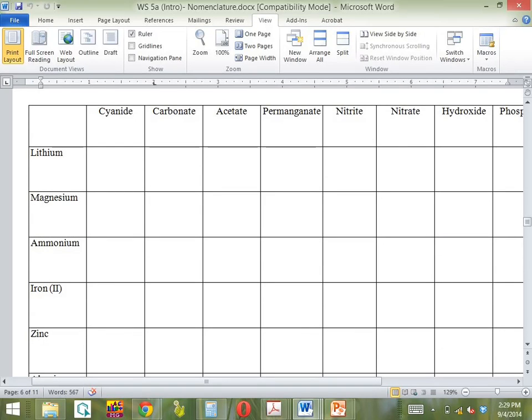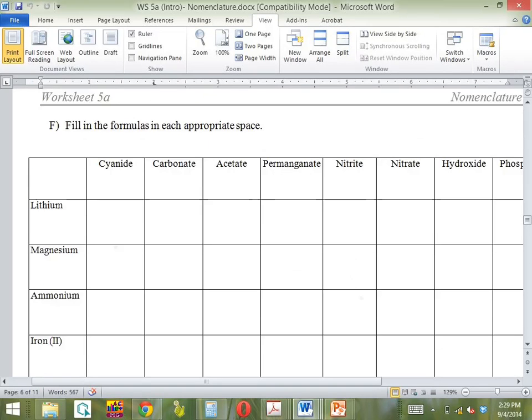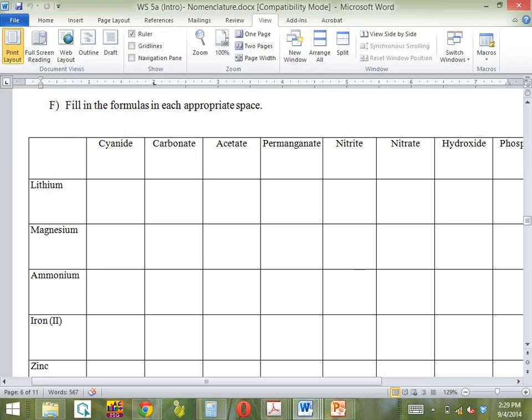Oh yeah, this is a fun one. Fill the formulas in each appropriate space. So here we're giving you a whole mess of ions and asking you to combine them and just writing formulas.